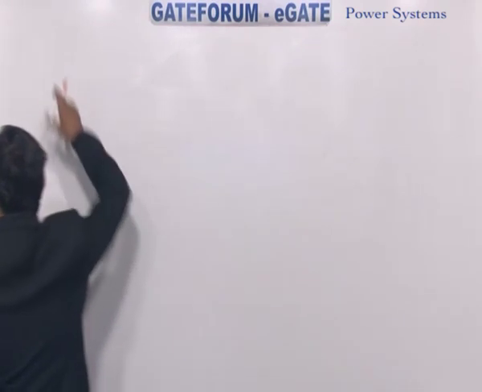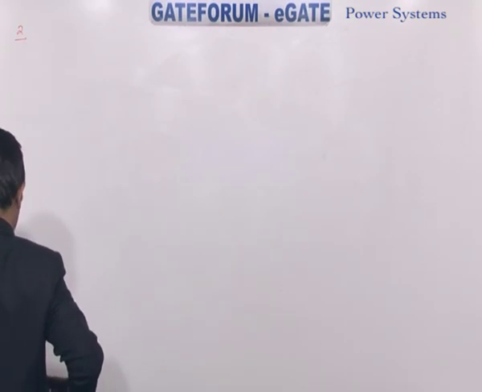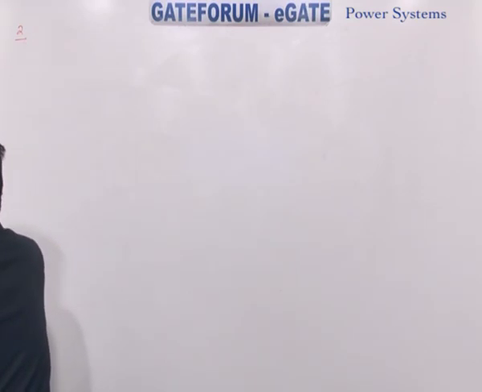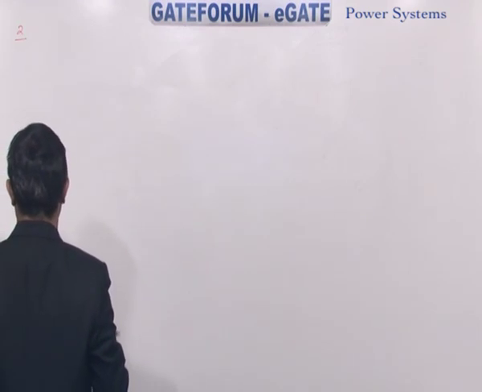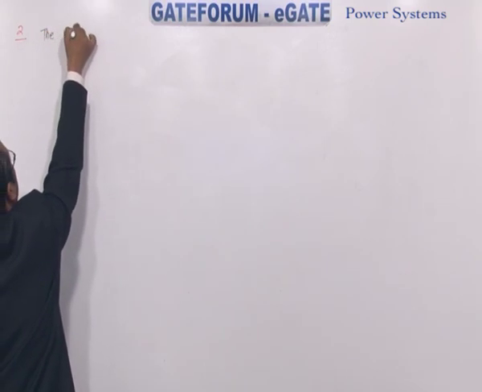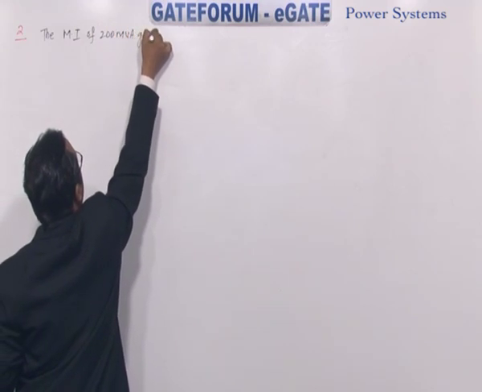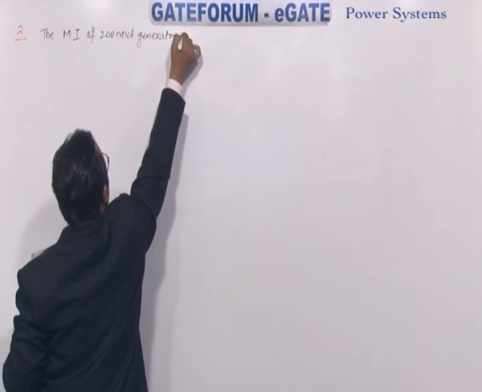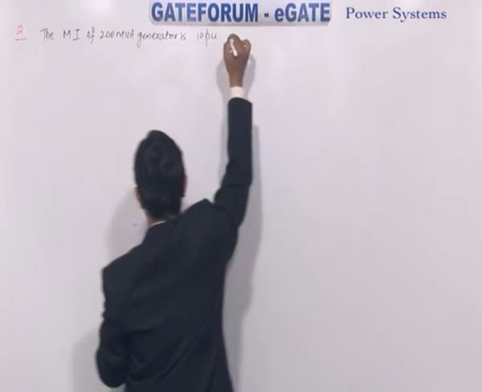Now we solve these questions. The moment of inertia of a 200 MVA generator is 10 per unit.